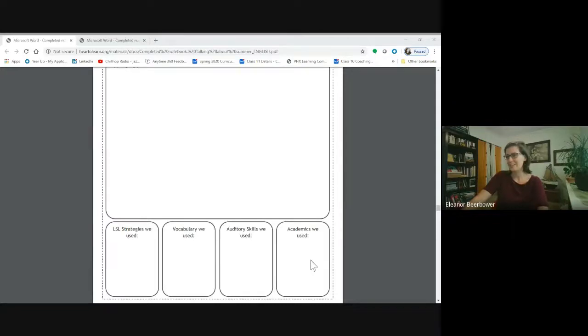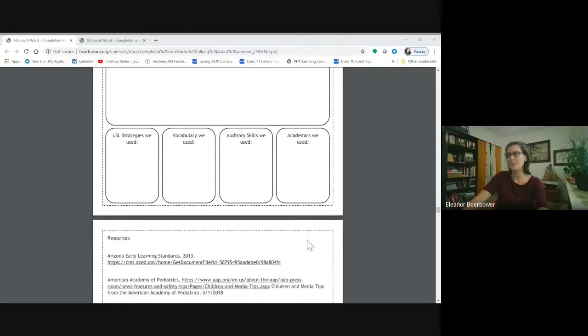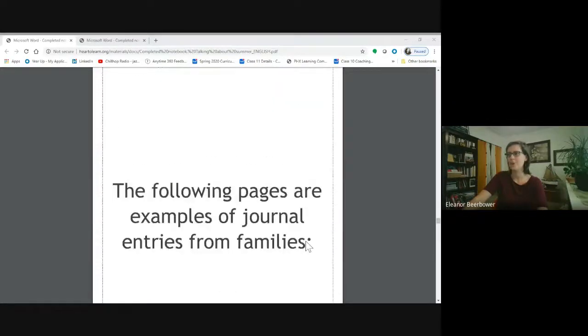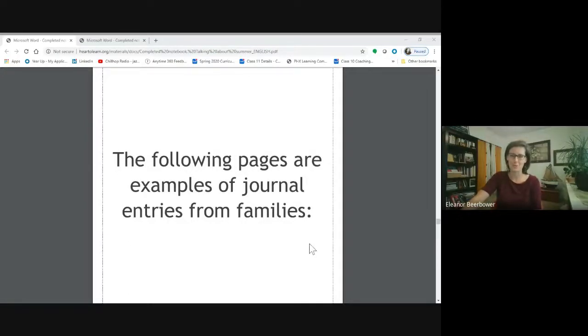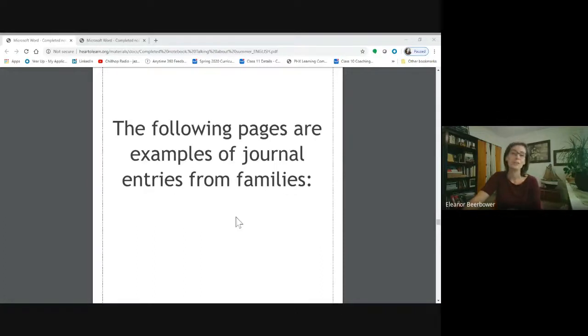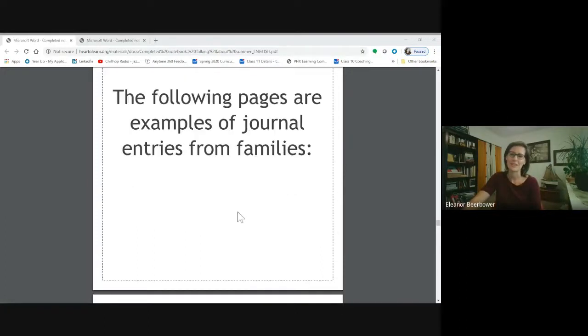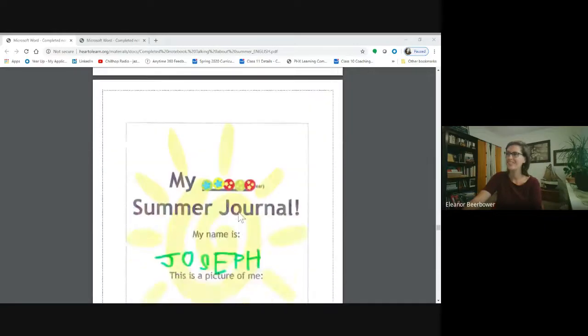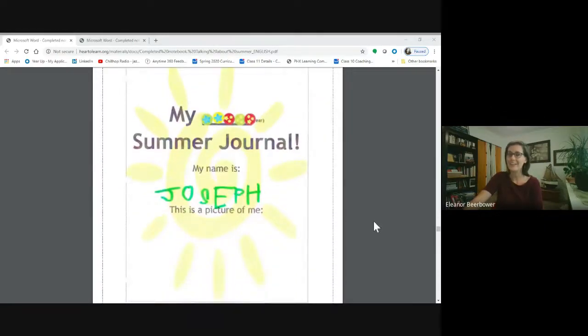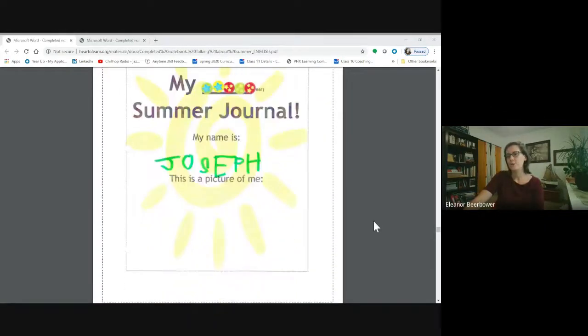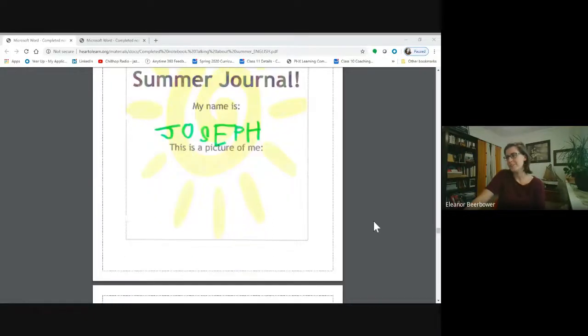And then we get to see beautiful, wonderful, homemade examples of journal pages from children and families, along with the parent reflections that they made throughout the activities. You'll see this is so fun. You can see the different ways to make journal pages.